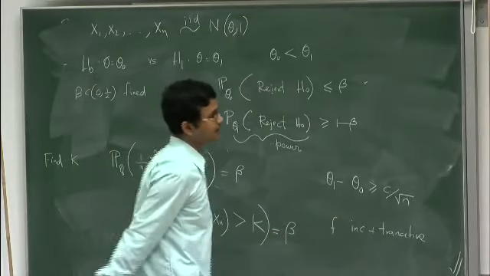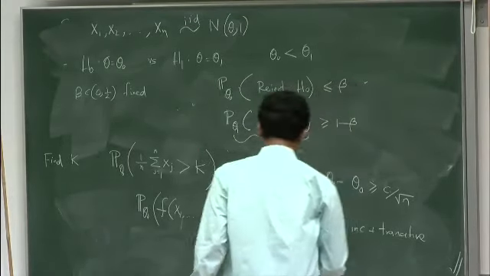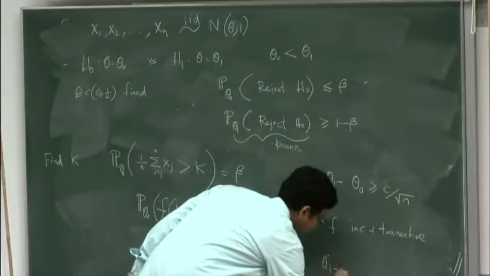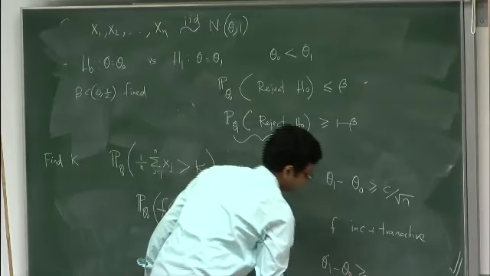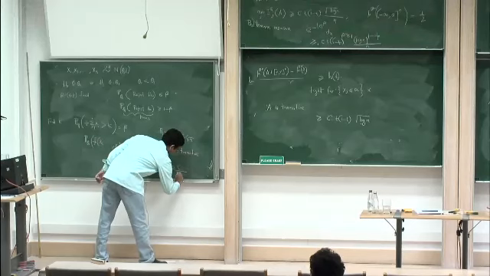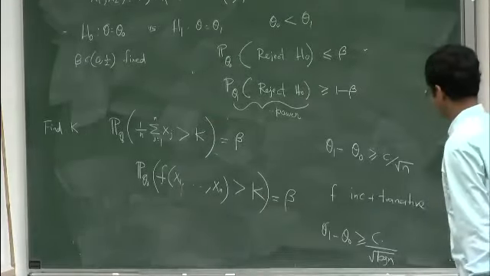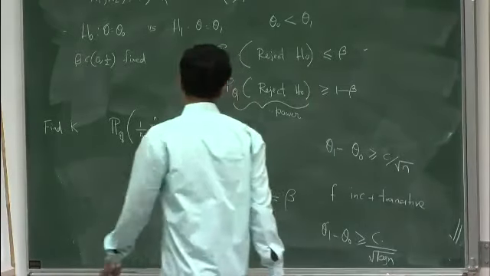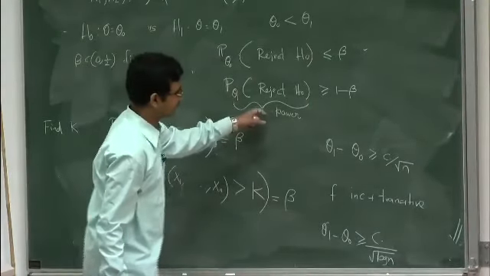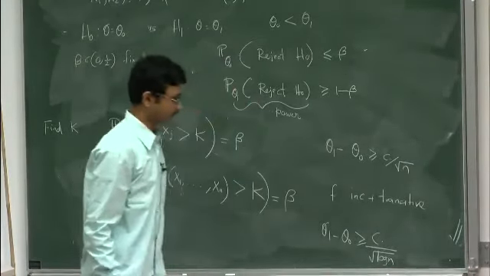And what our theory tells us is that if theta 1 minus theta naught is some constant times square root log n, then actually this is true, that your power is greater than or equal to 1 minus beta.